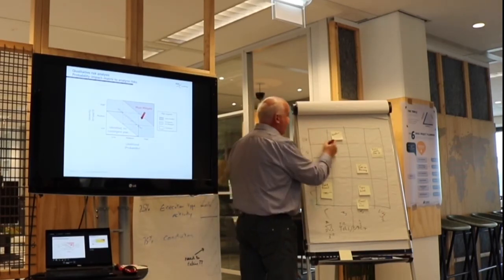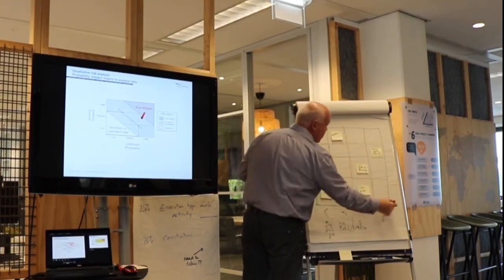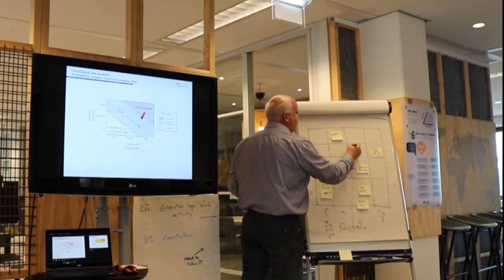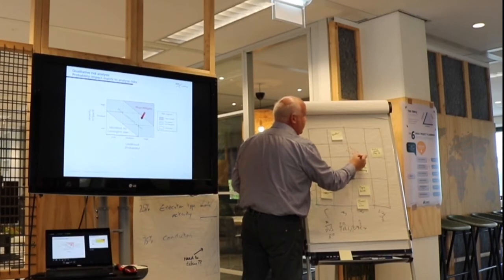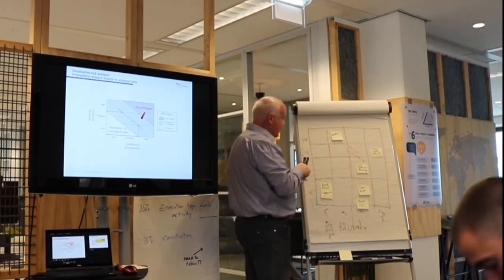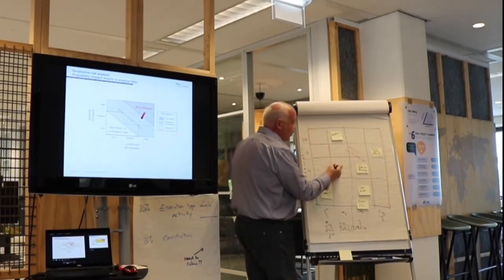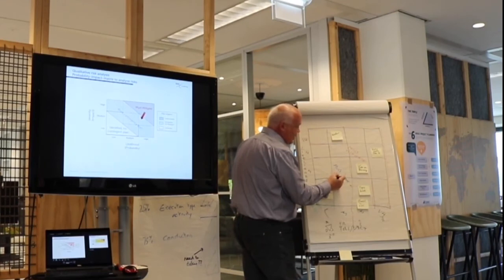I usually draw it from here, but you can draw it where you want to. But anything in here, we must mitigate. We have to come up with something that's going to drive these out. And anything in here, we must have a plan B.